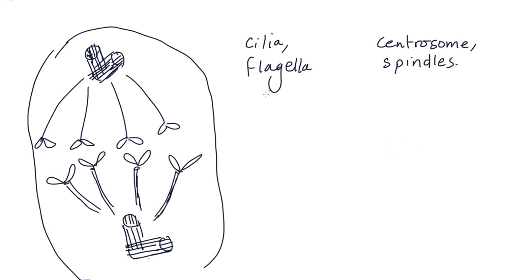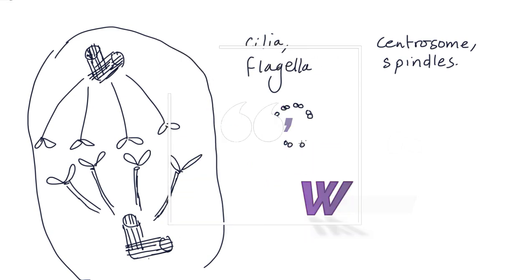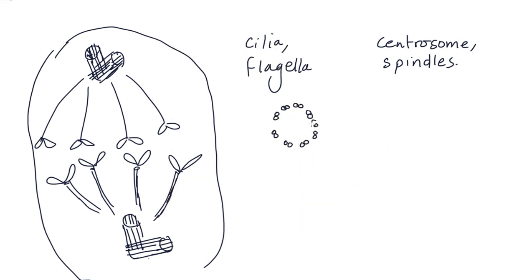If you take a cross section in a cilium or a flagellum, you will find a circle consisting of 9 pairs, plus a pair in the middle. So this structure is called 9 plus 2.